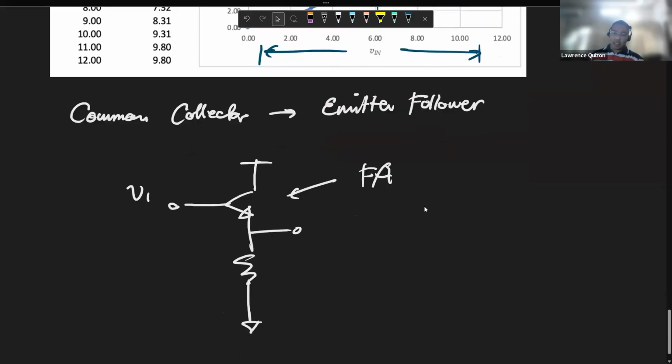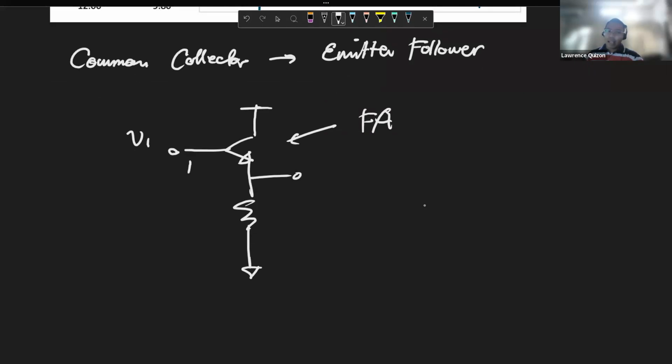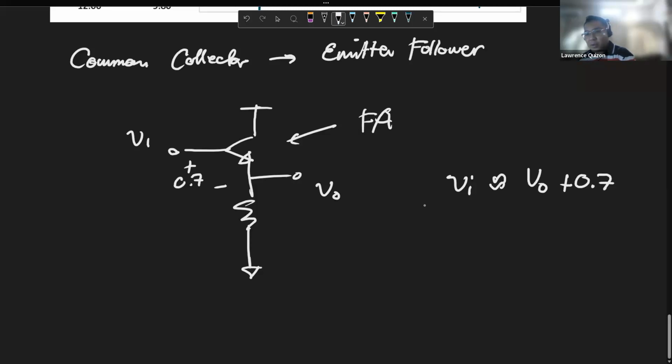And this thing is 0.7 almost all of the time, right? It never leaves that area in forward active, diba? It's always close to 0.7. Then V in is always just V out plus 0.7.